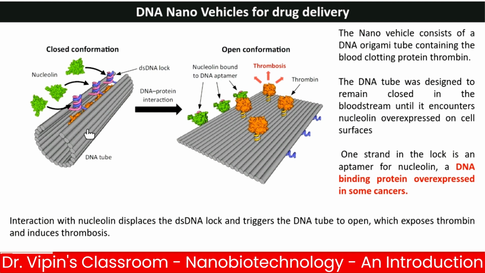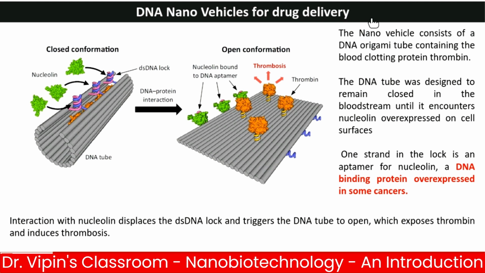One of these double-stranded DNAs is an aptamer that can specifically bind to nucleolin. So when it is in contact with nucleolin, this double-stranded DNA lock would open up. The sheet will become flat, or so as to say, not exactly flat. Basically, it opens up, exposing your thrombin, and then thrombin can cause its reaction on the cells, and basically lysis would happen.